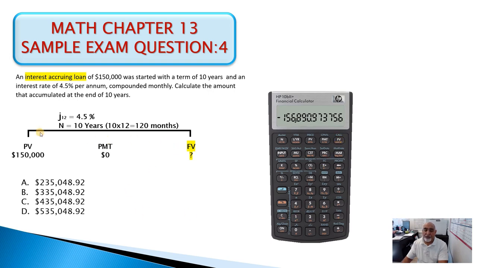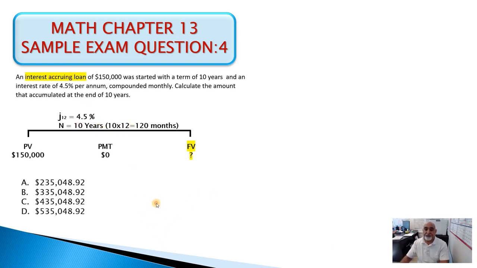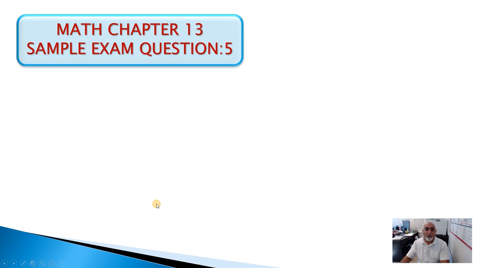If I change N to 1, meaning 1 month, my FV is different again. So everything is dependent upon N, the PV, and the interest rate. In an interest only loan, N does not make any difference. Continue. So that's our answer.